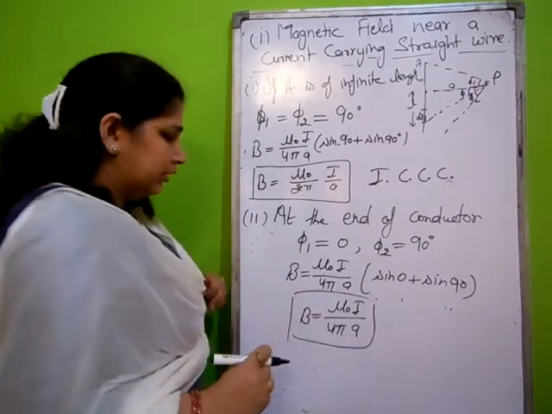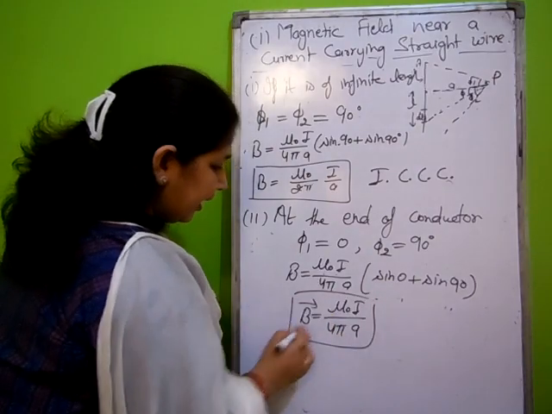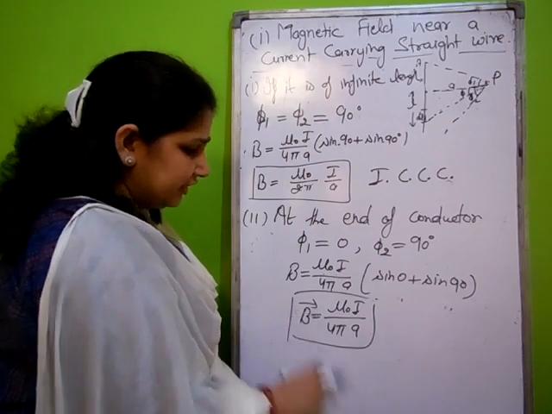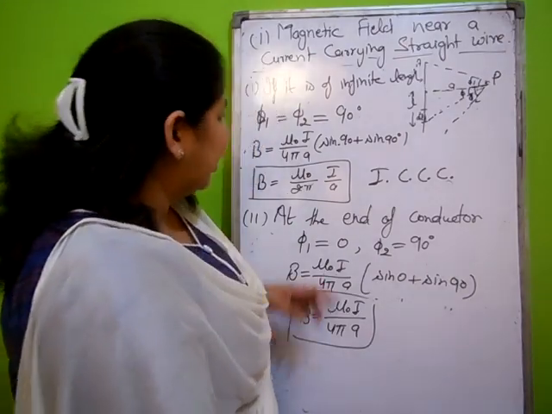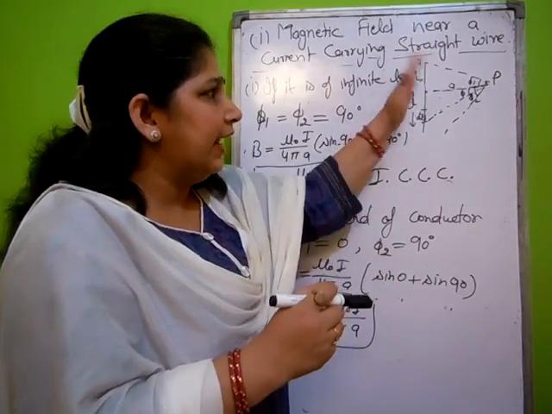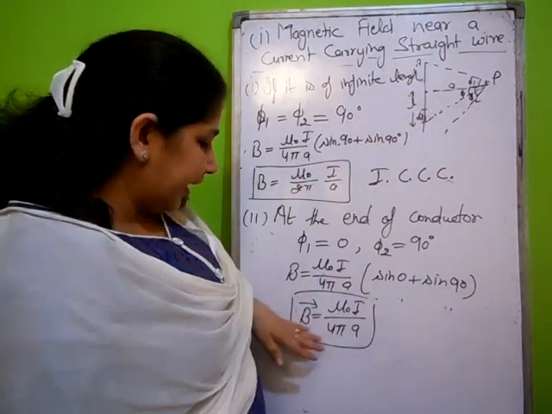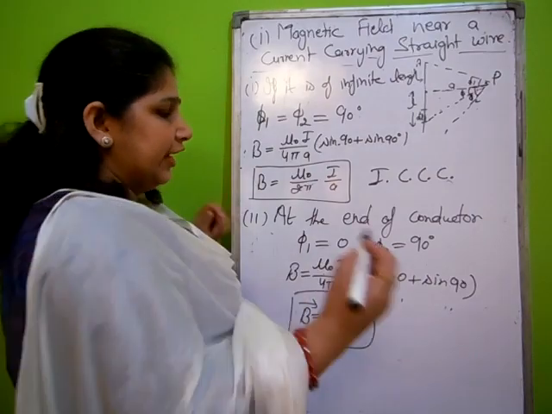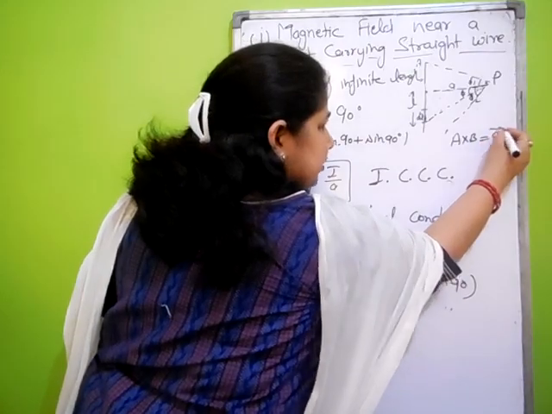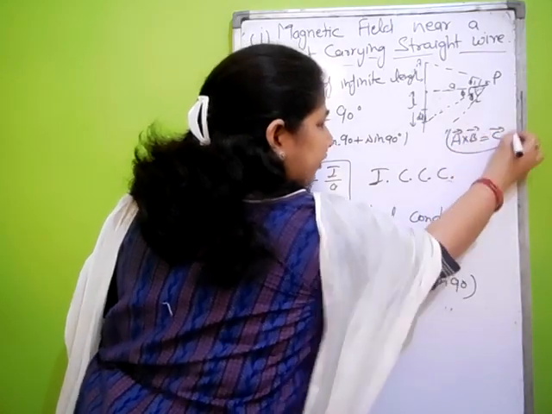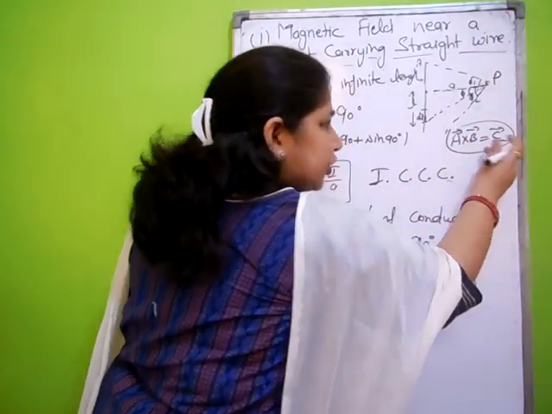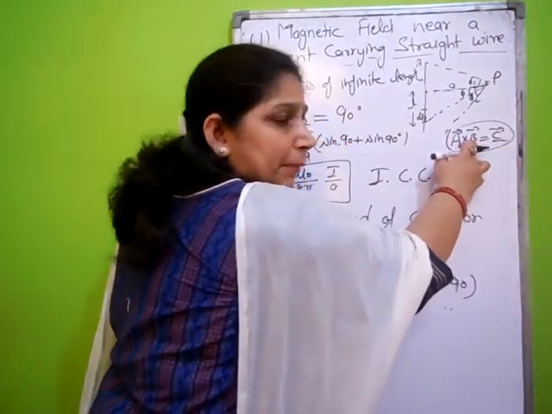Now, as B is a vector quantity, it will change according to the direction. We have two vectors, L and I, and the direction of B in the case of A cross B is equal to C. Suppose we have three vectors, A cross B is equal to C, then definitely the direction of C will be perpendicular to the AB plane.